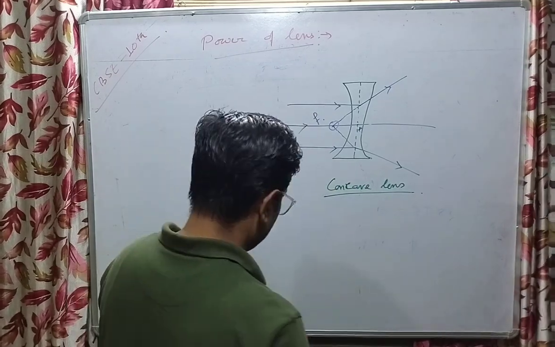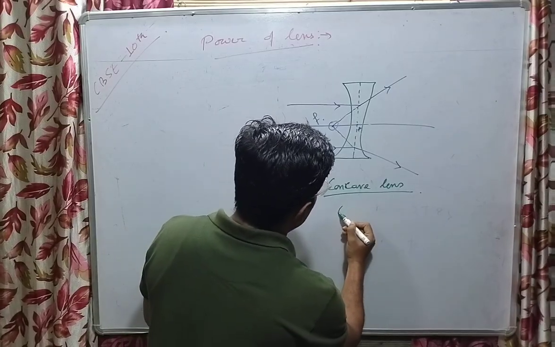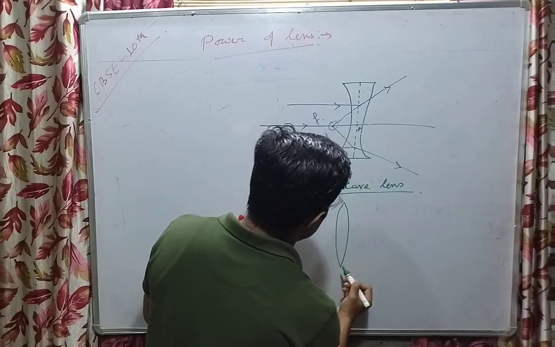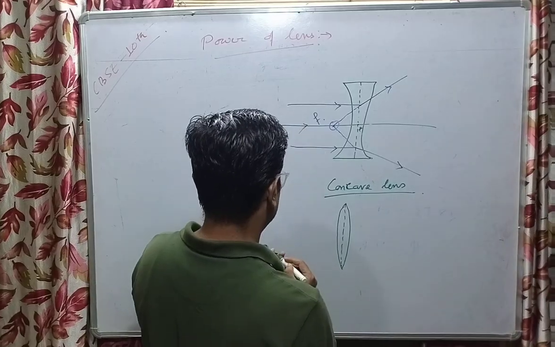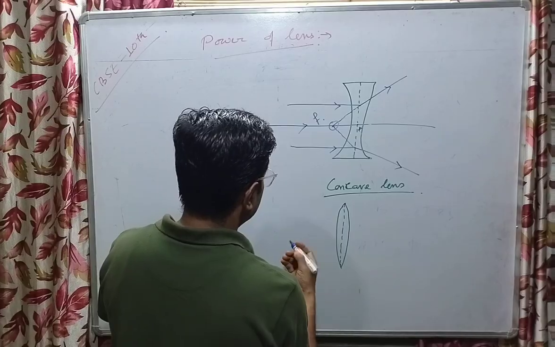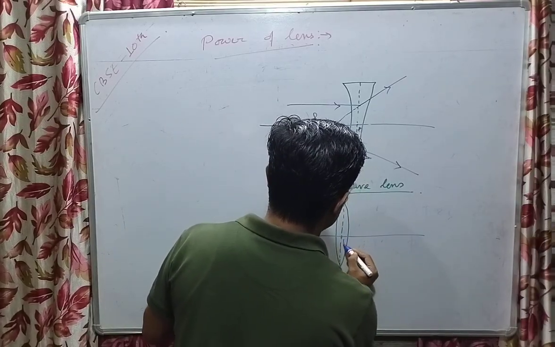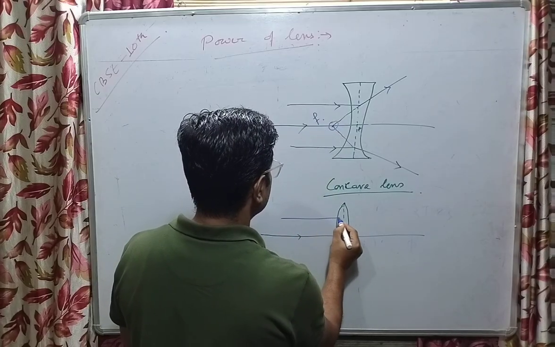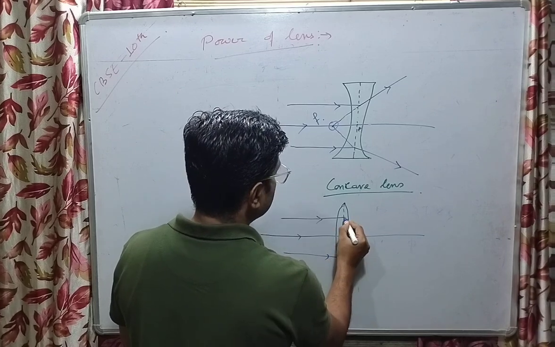I am going to draw another diagram of a convex lens. It is a convex lens, and this is the vertical axis of symmetry, and it is O, principal axis. This is the ray of light.